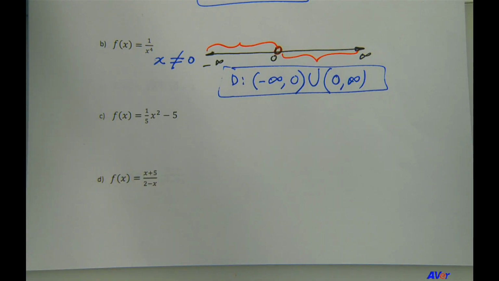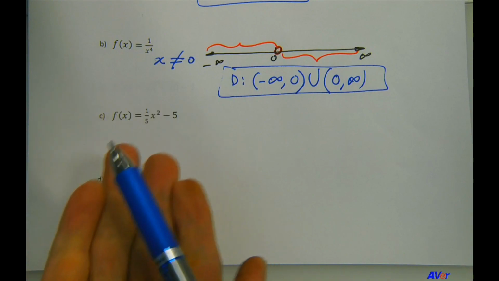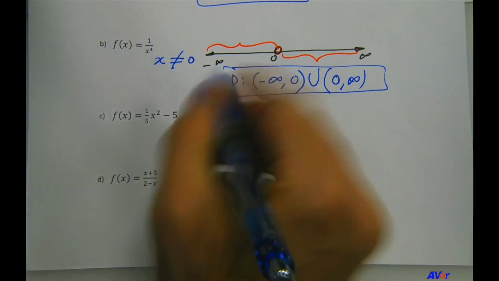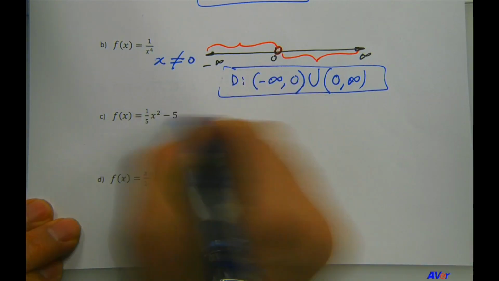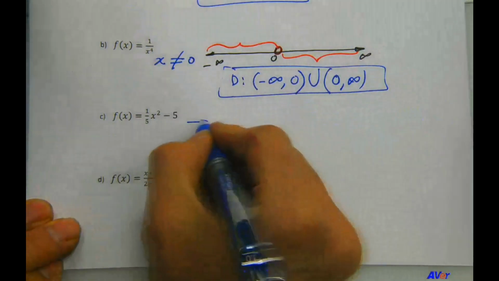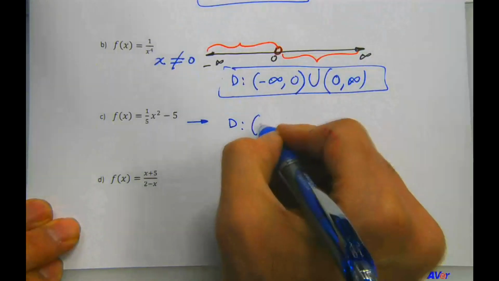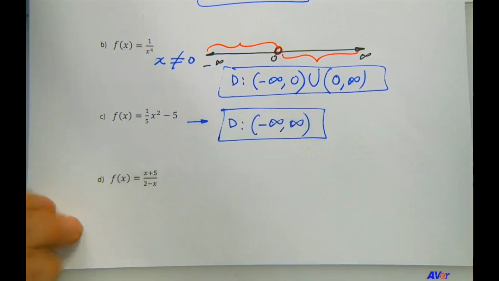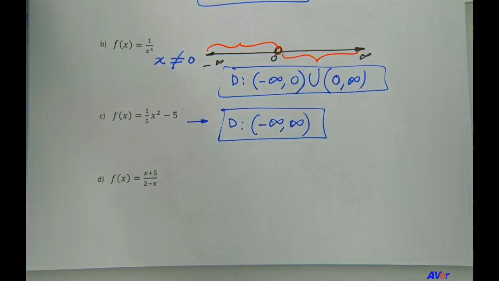No. This function, this is a quadratic function. It can accept all x values, right? So there is no restriction on x, so therefore the domain here is negative infinity to infinity. Okay, again, domain is the behavior of a graph with respect to the x-axis.